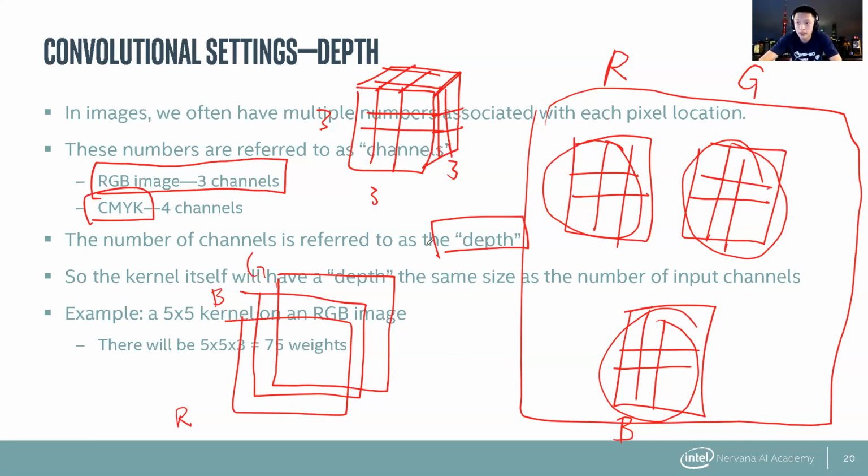Now, depth is not only something that pertains to the input. You could have an input of, let's say, a 28 by 28 image, and its depth is 3, because it's got RGB. Once you do a convolution, let's say after you apply some kind of filter, the size gets reduced by half, down to 14 by 14. This is what would happen if we applied one filter. But you can actually apply multiple filters.